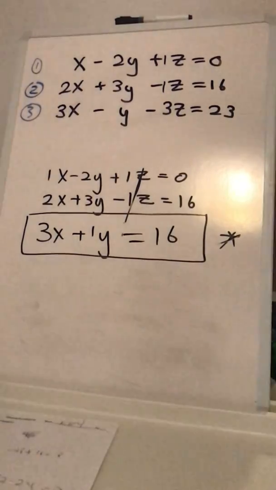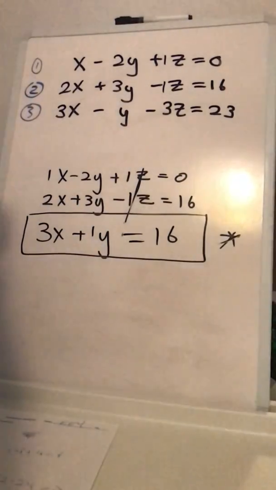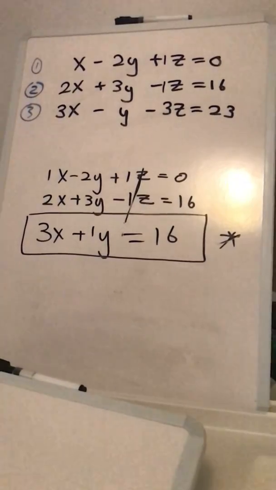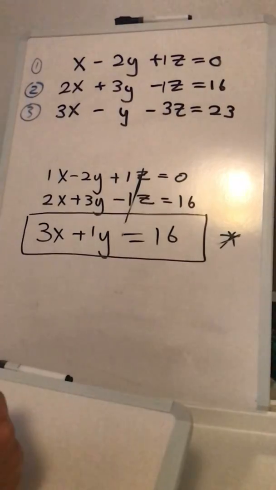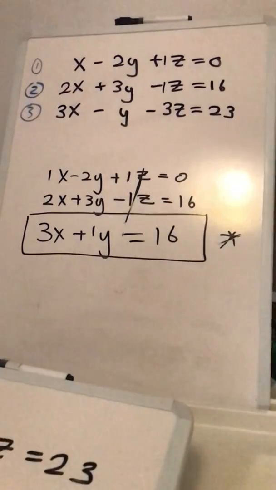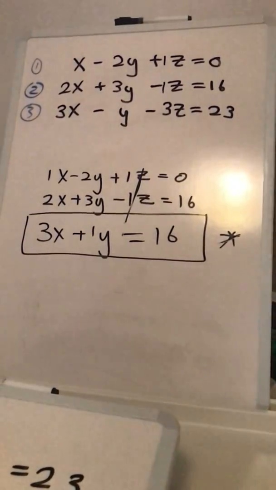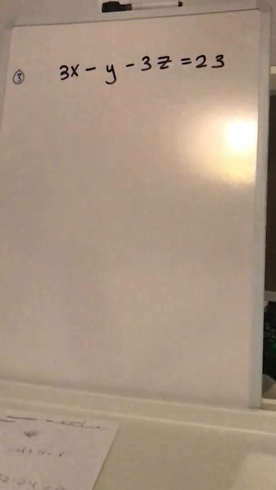You're going to have to write equation 3. I'll write it on this board. Give me 1 second. I'm going to write equation 3: 3x minus y minus 3z equals 23. That was my equation 3.